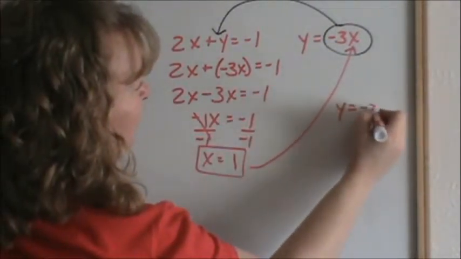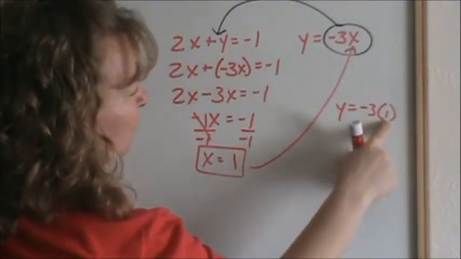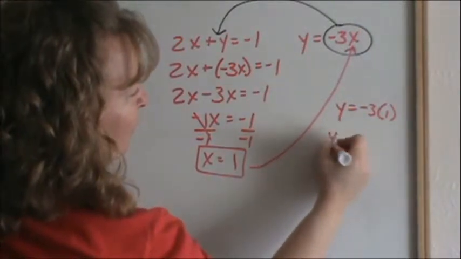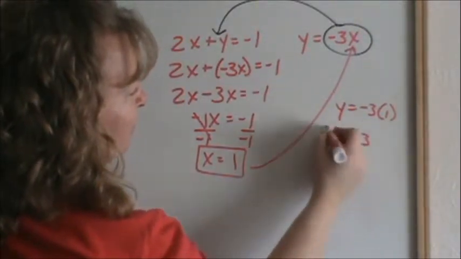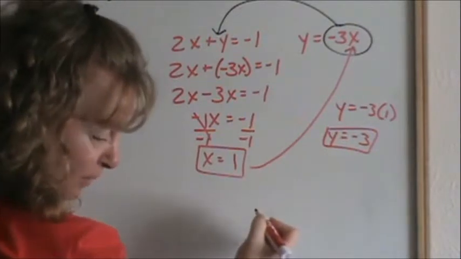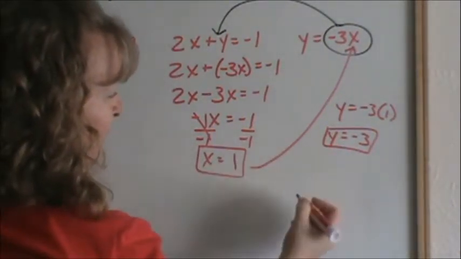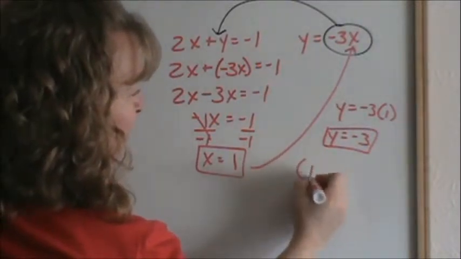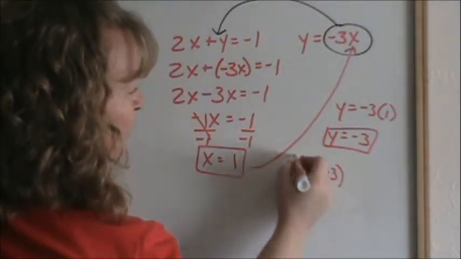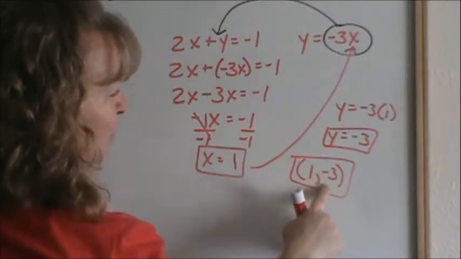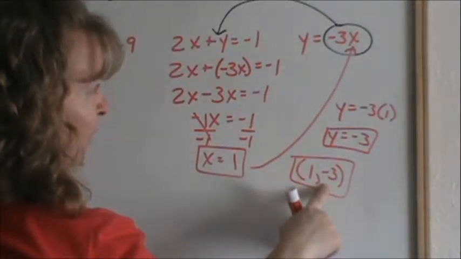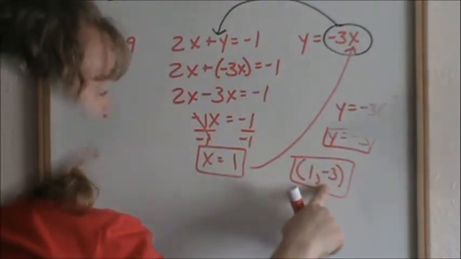Y equals -3, and we said x equals 1. So -3 times 1 is -3. So y equals -3. So what we have done is we have found a coordinate. We can write it also as 1, -3 as a coordinate. And that is the point on the graph where these two lines will intersect.